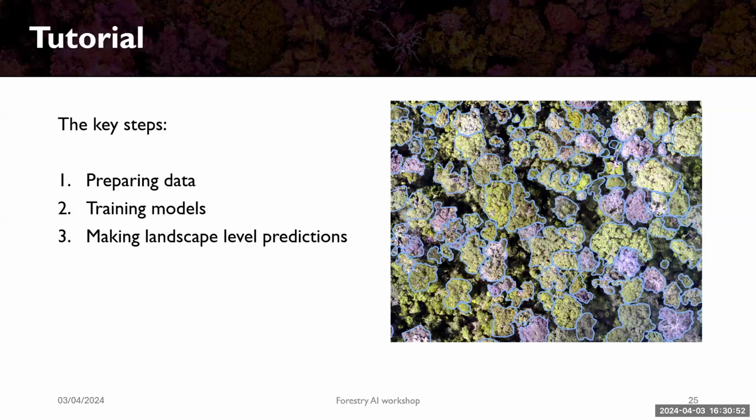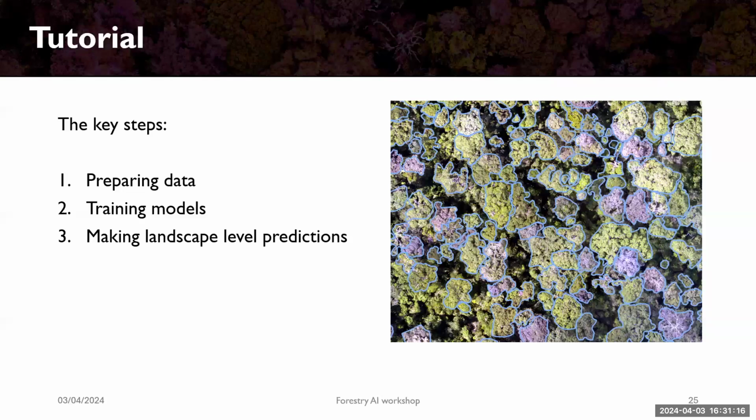So these are the key steps I'll talk through. There is one step that is missing here, that is the model evaluation. I don't want to suggest that that's not an important step. It most definitely is. I don't really have the time to go through that right now, but if you're interested, there are some notebooks on the repo, or you can get in touch with me to talk about how we evaluate the models.